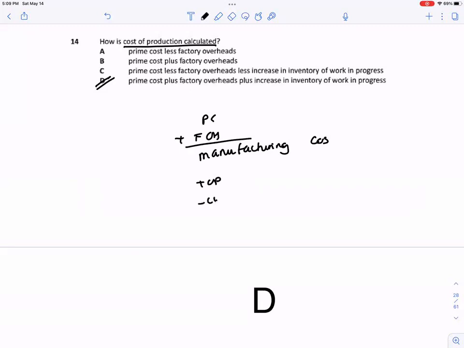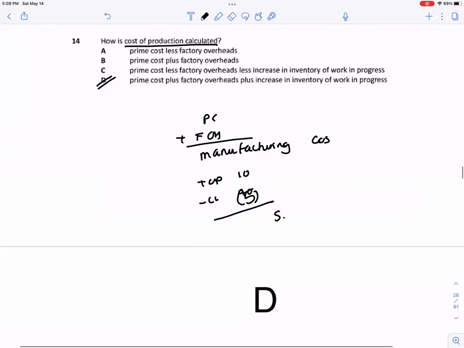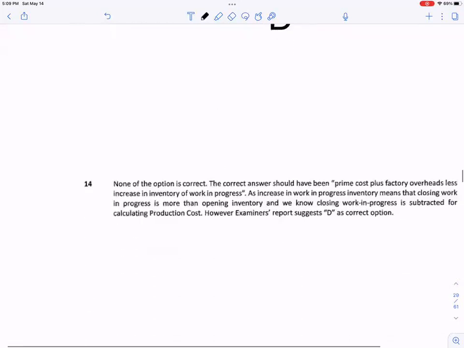Suppose the opening is 10 and closing is 5. You will add the 5 to the manufacturing cost, so the answer is positive. That means it is an increase in inventory of work in progress. It might decrease in some cases. If there is a decrease in inventory, you deduct that from the manufacturing cost.